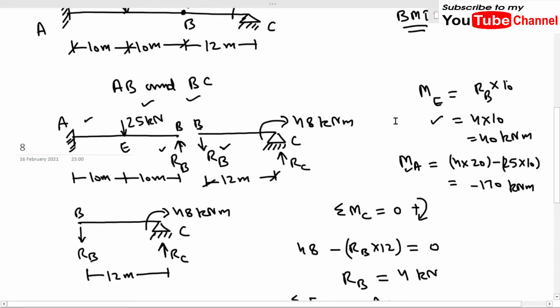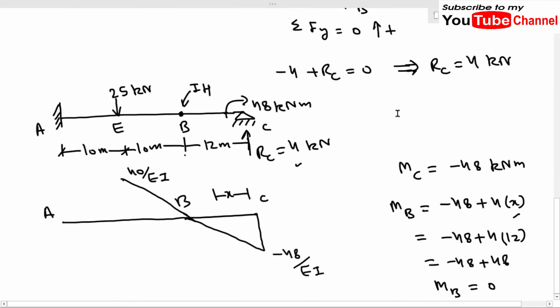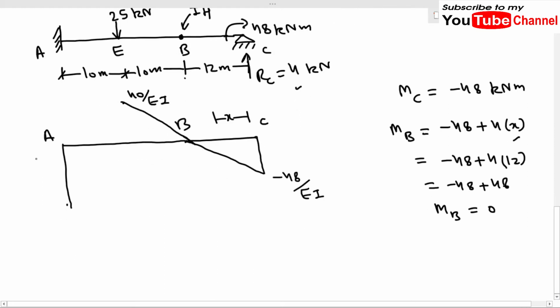Now let us draw the bending moment diagram. We have found out the value of ME as 40, and MA as minus 170 kilonewton meter. After dividing by EI, it will convert to the M by EI diagram.